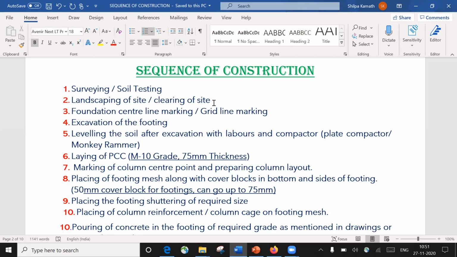So what happens? You are not going to get a level surface, right? There may be cutting in some place, there may be filling in some place, and there might be a lot of unwanted plants, trees and all. So in that case, we need to cut off all those unwanted plants and trees. And if there is filling, we have to do the filling, and if there is some cutting to be done, then we have to do the cutting. So all these things come under landscaping of a site or clearing of a site.